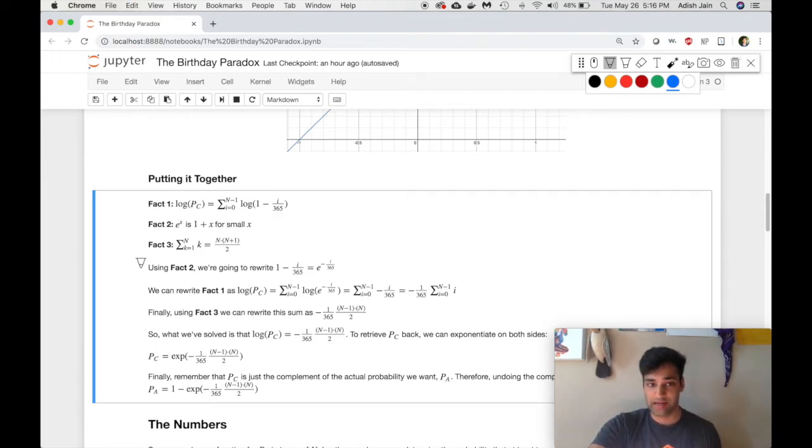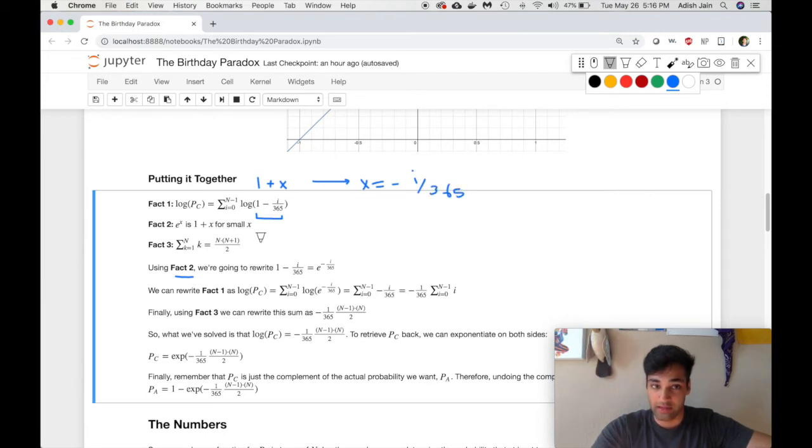So let's use these facts to resolve what PC is, since that's ultimately what we're looking for. Using fact 2, we're going to be able to rewrite what is inside these log terms. If you look at the structure of this, it looks a lot like 1 plus x, where x is just negative i over 365.